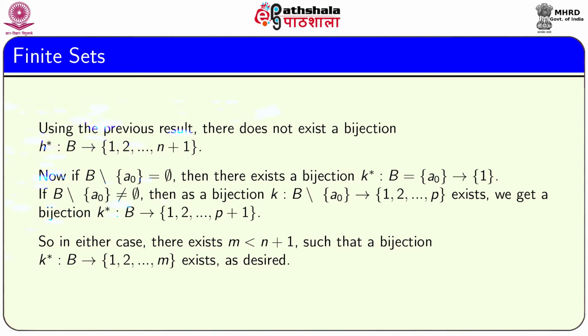For if B minus A0 is non-empty, then as a bijection K from B minus A0 to the set 1 to P exists, we get a bijection K star from B to the set 1 to P plus 1. So, in either case, there exists M which is less than n plus 1 such that a bijection K star from the set B to the set 1 to M exists, as desired.